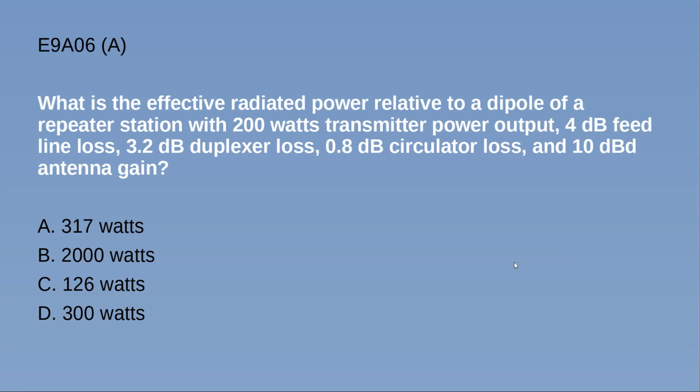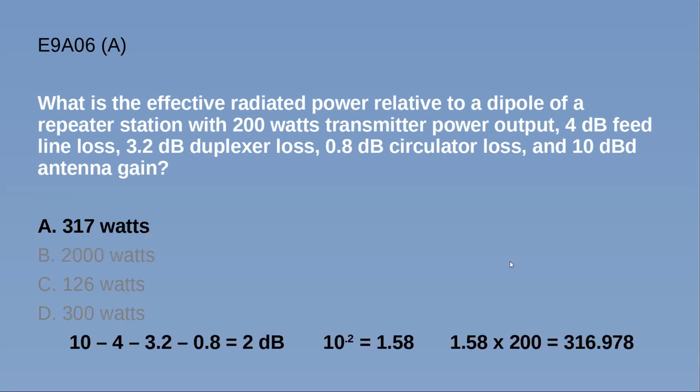If it was 3 dB, that'd be 200 watts to 400 watts. It was 2, so something a little bit less. So 317 watts. Only a true optimist would pick B. Wouldn't that be illegal? It would.